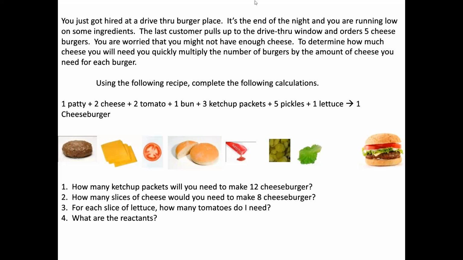And if we're using chemistry terminology, what are the reactants for this chemical equation? Everything? So everything up to the cheeseburger is going to be a reactant.